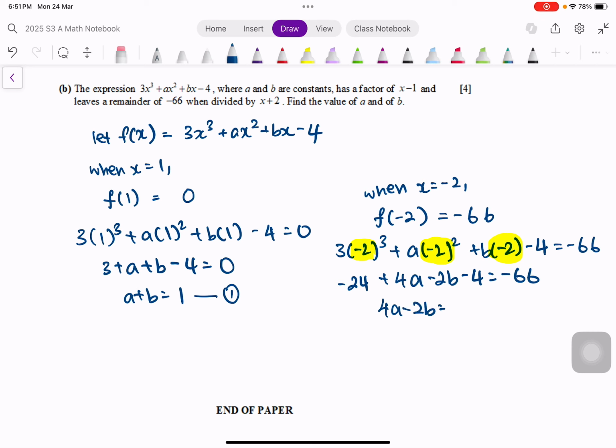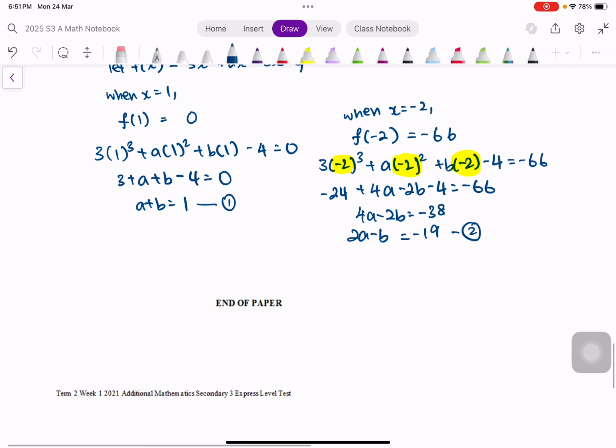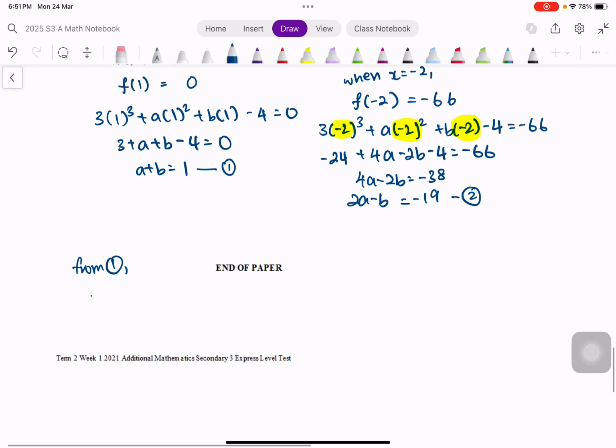Equation number 2. So you have equation 1 and equation 2. You've done simultaneous equations before, so you can go and find a and b. Let's do it together. When you do simultaneous equations, your presentation is very, very important.